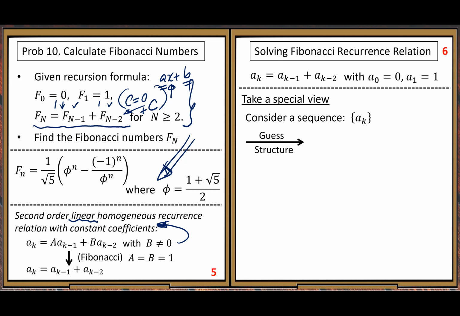What structure should we use to describe that a_k sequence? If you can find the right structure, it may not be that easy. Can we think of this special structure, t to the kth power?